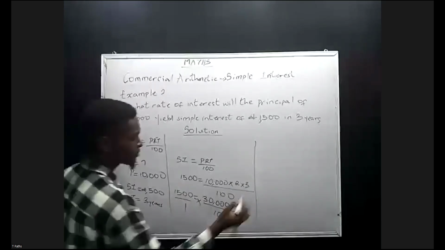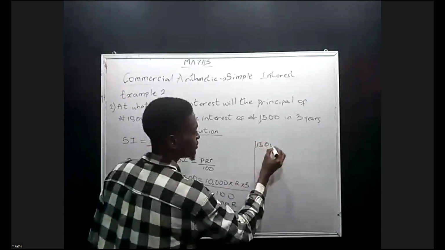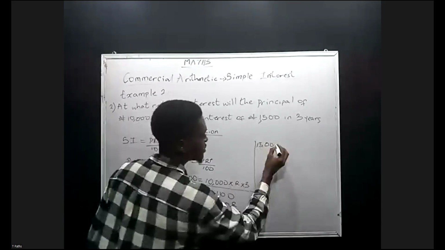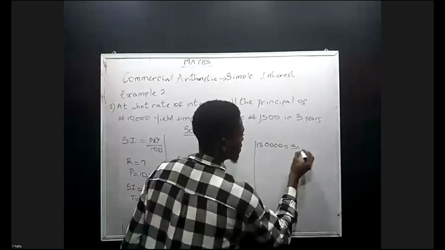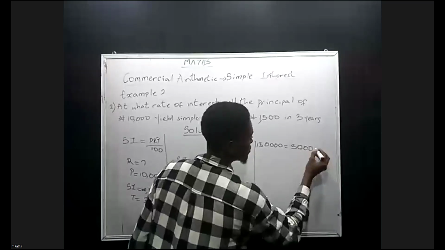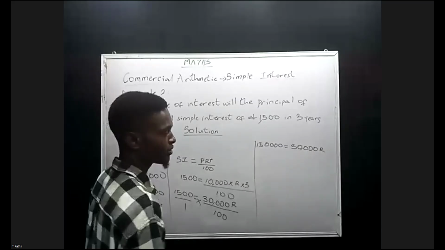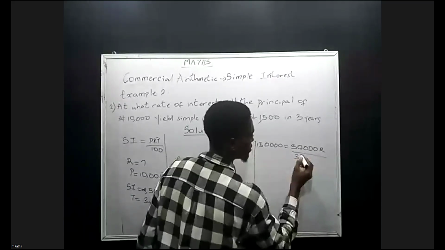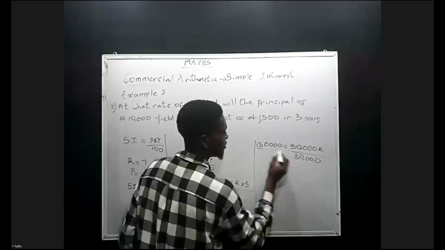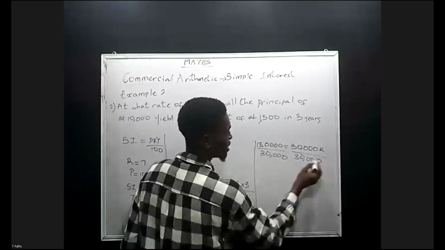So here we'll be having 1500. Okay, I've multiplied it already, times will be equals to 30,000 R. Now we're making R the subject of formula. So we have to divide both sides by the coefficient of R, which is 30,000. 30,000 divided by 30,000, so we cancel this.